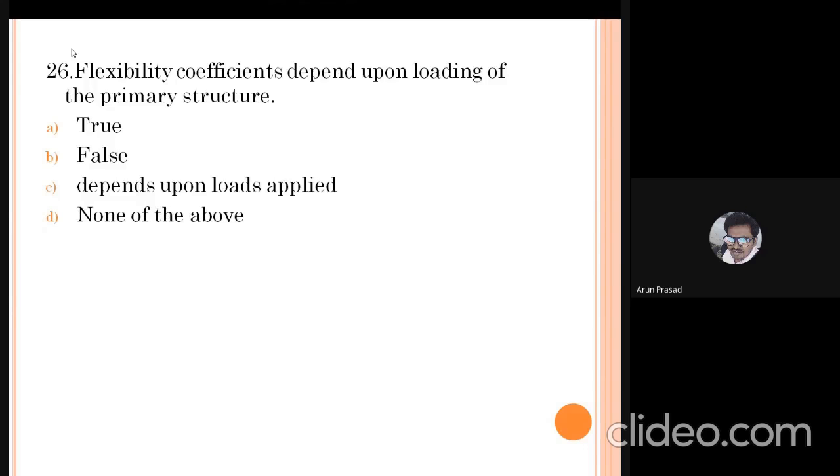Is it true or false, or does it depend upon the loads applied, or none of the above? Here the answer will be B. It will not be depending upon the primary structure loadings, so it is false.